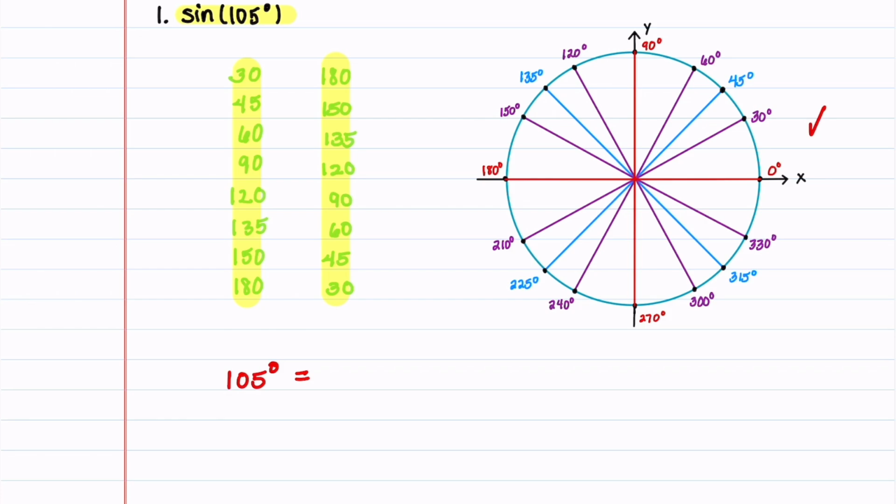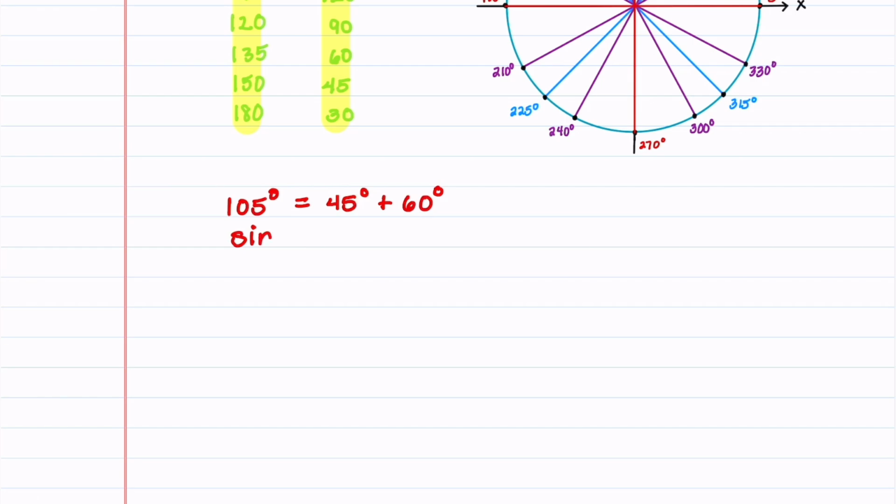If we look at the list on the left, we can see that if we add 45 degrees and 60 degrees, we'll get 105 degrees. So we'll write that 105 degrees is 45 degrees plus 60 degrees. We could have also written this as the difference of two angles, but writing it as the sum of two angles is easier.